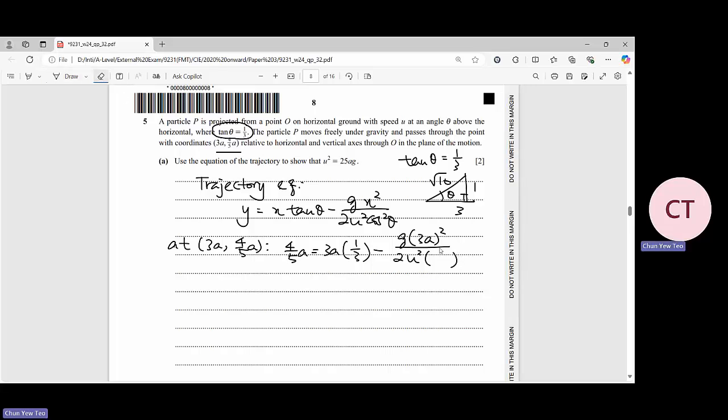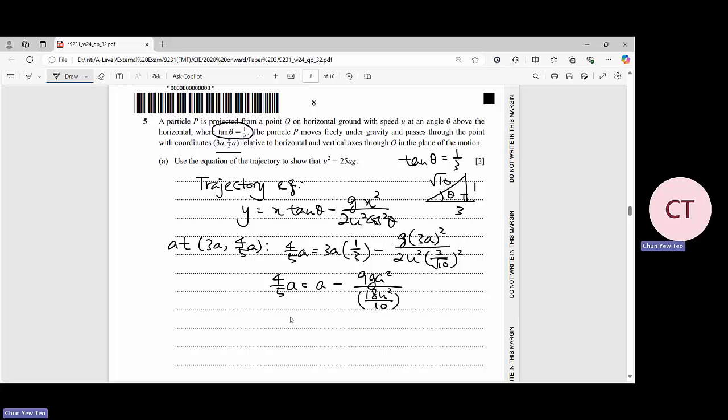I think we better write it down as 3 over root 10 square. So over here, we just need to be patient for a while. Simplify them first. Simplify this, you get 9ga square over u square over 10.